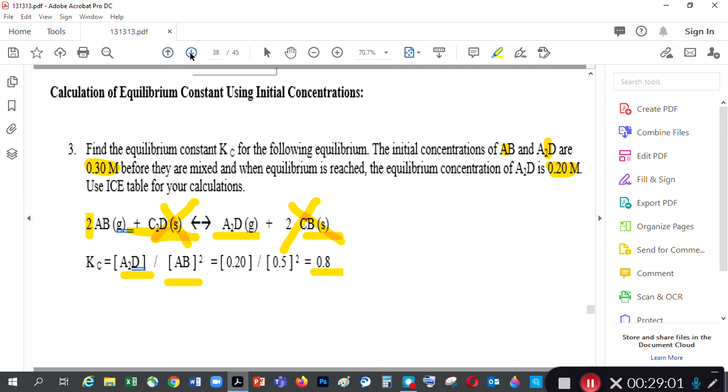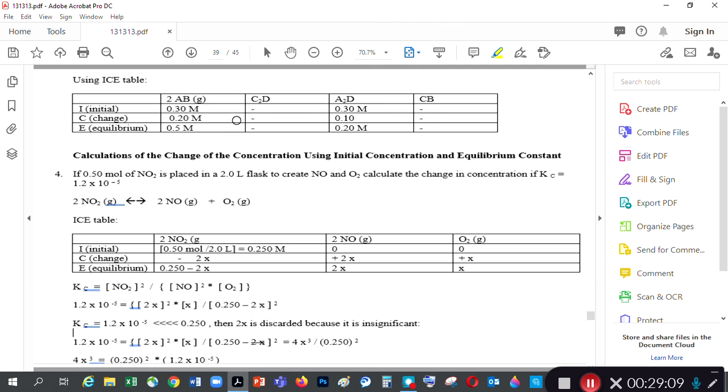So we find the equilibrium constant, the initial concentration is this. But this is not the whole story. So we start with 0.3 of AB, correct? And AD, the initial is 0.3 for both. Now, if you look at the whole thing, this one here at equilibrium is 0.2. So then the change is this one here.